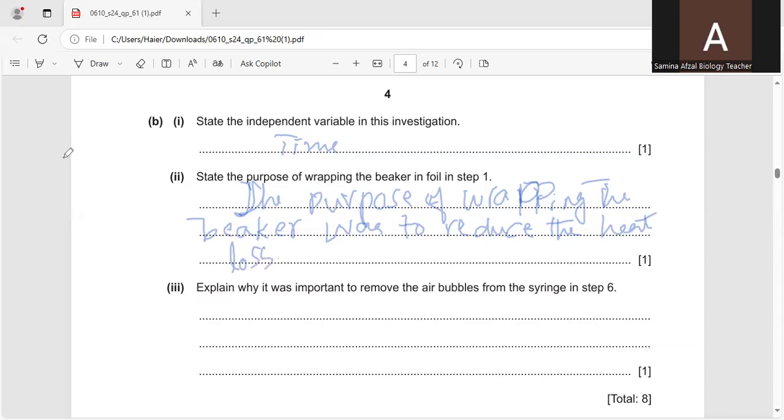If there is more heat loss, the water will cool down very fast, so it will affect the results.